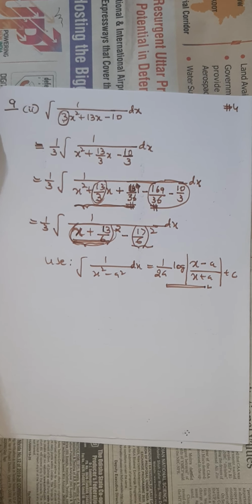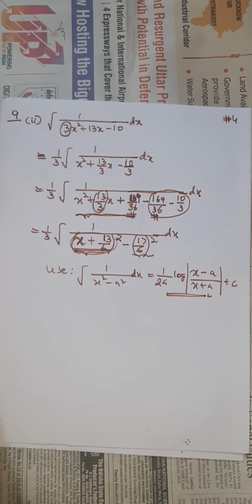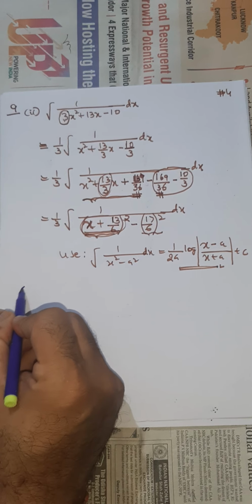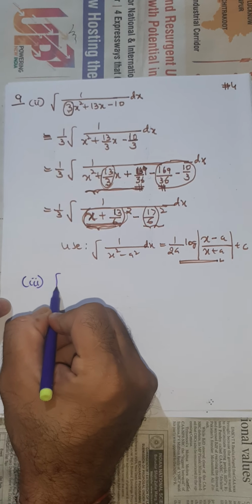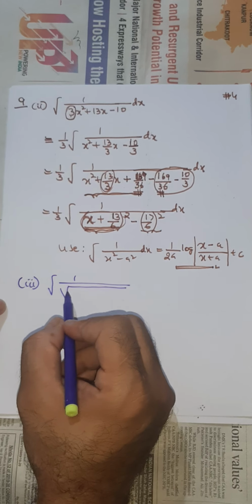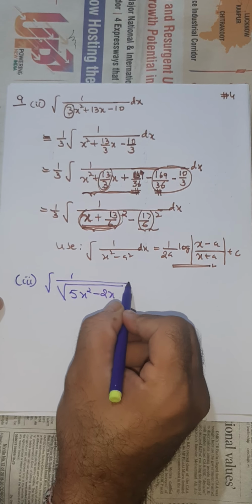Next sub question. In the 9th example, the third sub question is about the same quadratic only, but that's inside the square root. So 1 upon root of 5x square minus 2x.